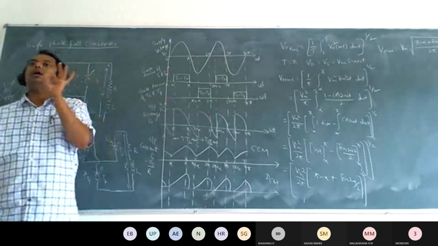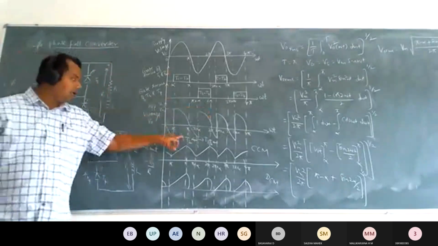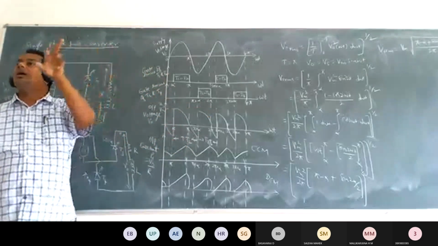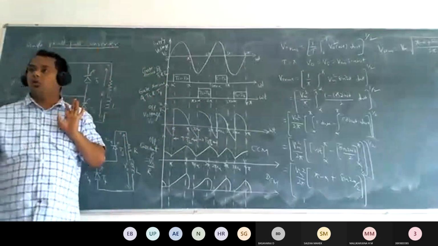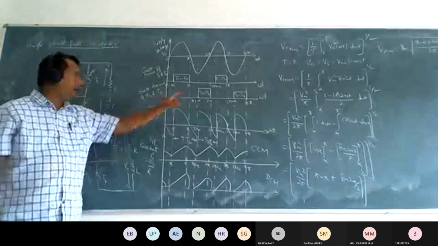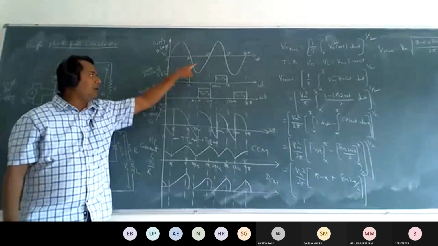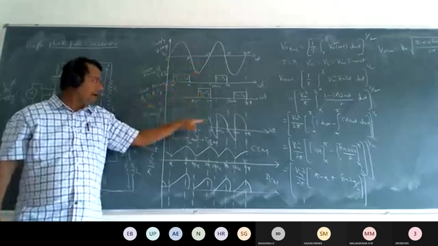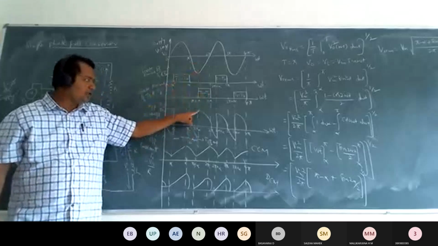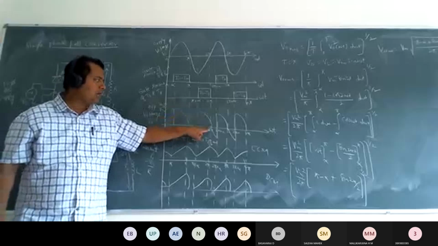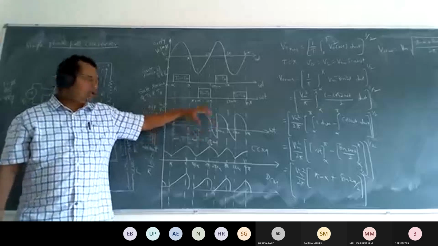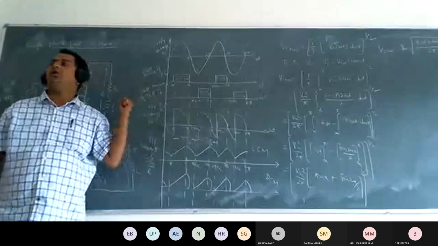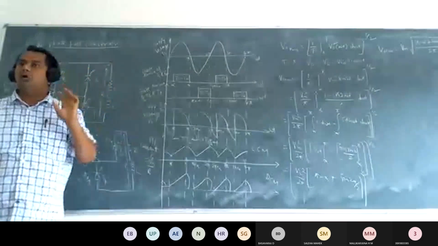By using that inductance voltage, the SCRs T1 and T2 continuously conduct in the negative half cycle of the supply voltage. Then for the negative half cycle of the supply voltage, T3 and T4 are forward biased. At that time, once again the output voltage will start from positive, from pi plus alpha to 2 pi. This is the total conduction angle of the SCRs T3 and T4 because of the supply voltage.